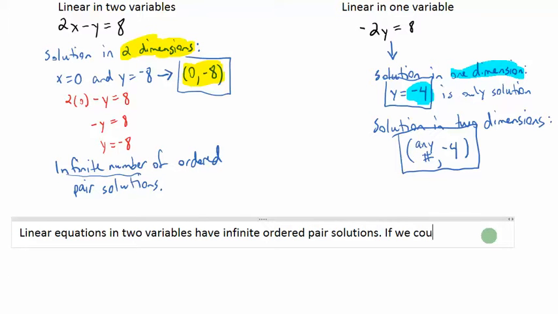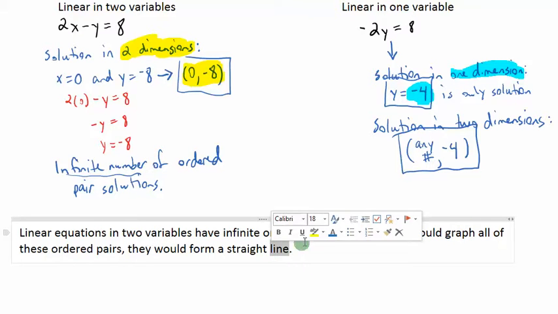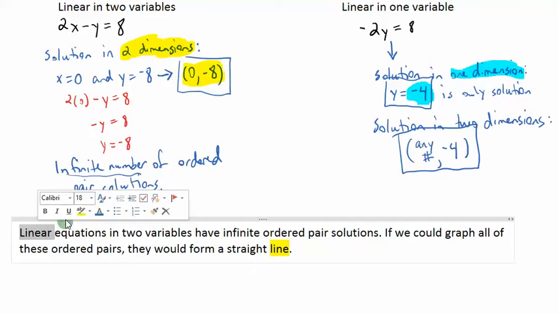If we could graph all of these ordered pairs, they would form a straight line. So that's where the word linear comes from. So we will use that now to help us graph both of these equations.